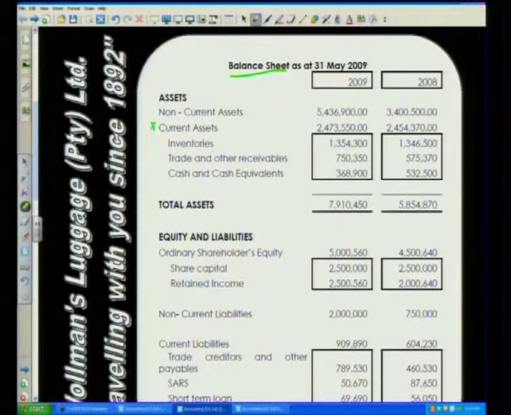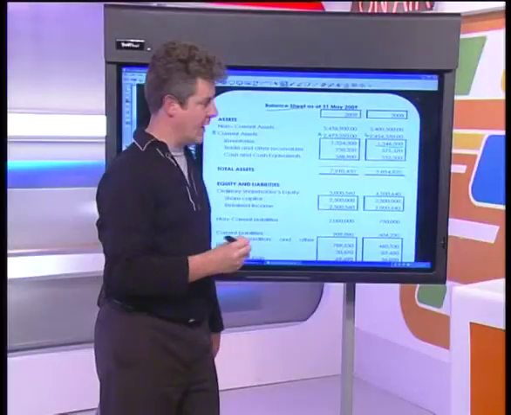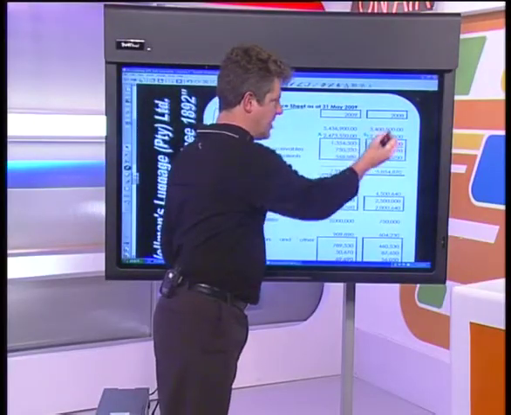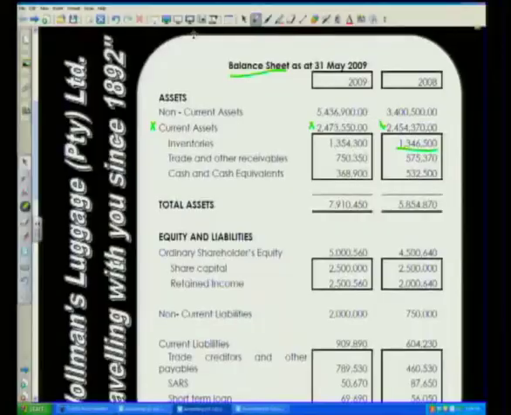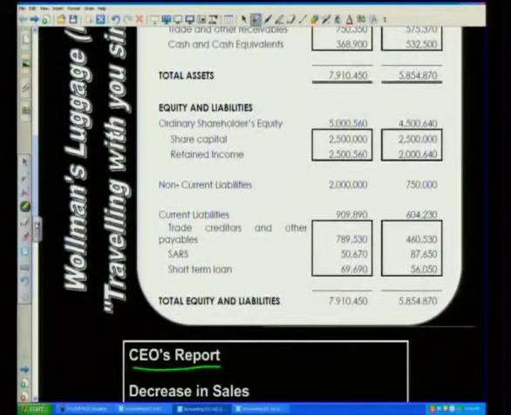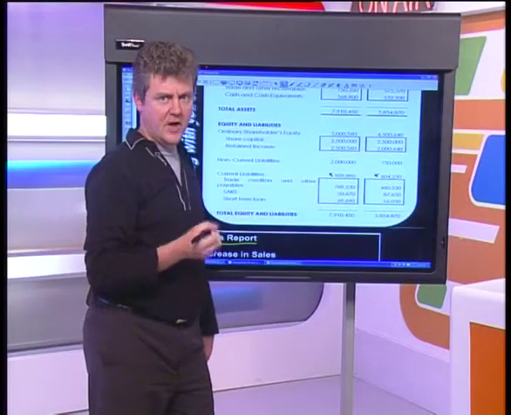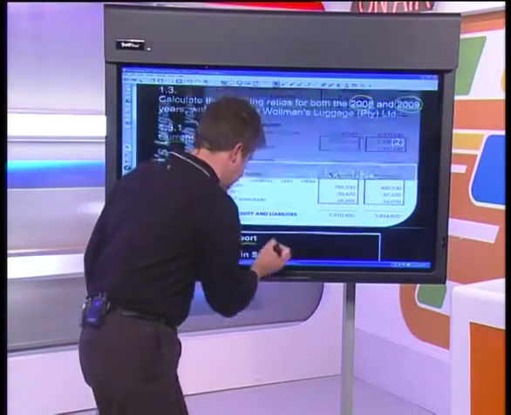Here are our current assets, and we've been given the 2008 figure, and we've been given the 2009 figure. So we're going to calculate two ratios based on these figures, and we're also going to compare them to the current liabilities, which are given to us over here. So let's have a look at what the calculation involves.